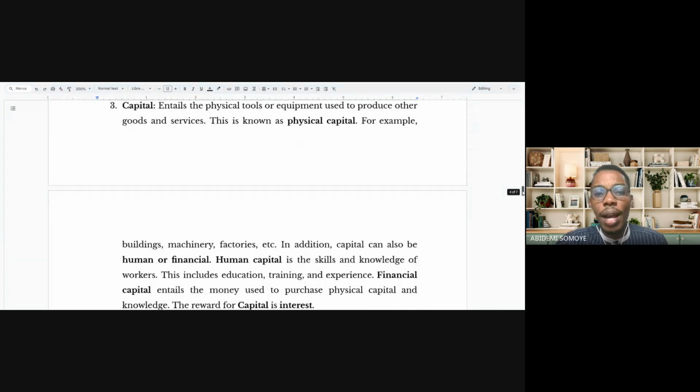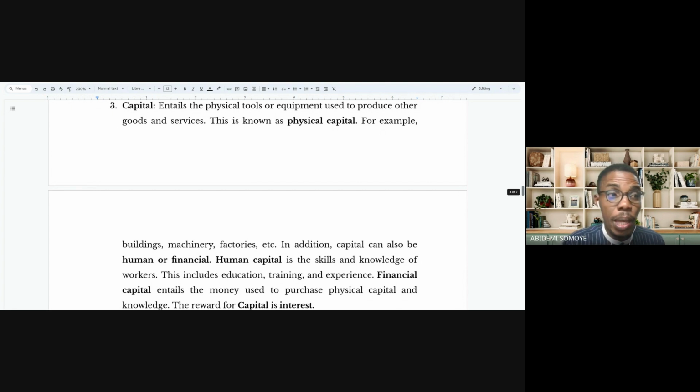We can also have human or financial capital. Human capital is the skills and knowledge of workers. So if you are able to develop your intellectual capacity, we refer to that as human capital. So a nation needs physical capital. A nation needs human capital.